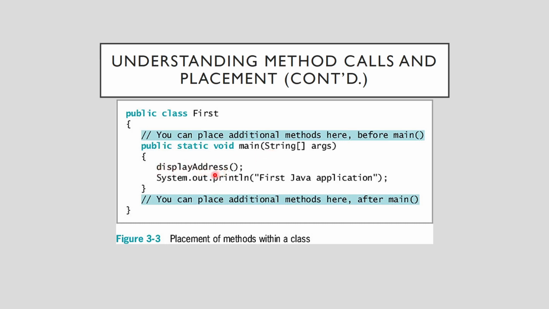We can put any method definition outside this main method, so we can place additional methods after the main method. Take note, we have to place the method definition outside any other method, but within the class.